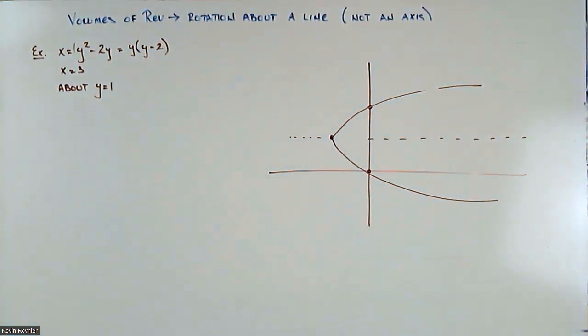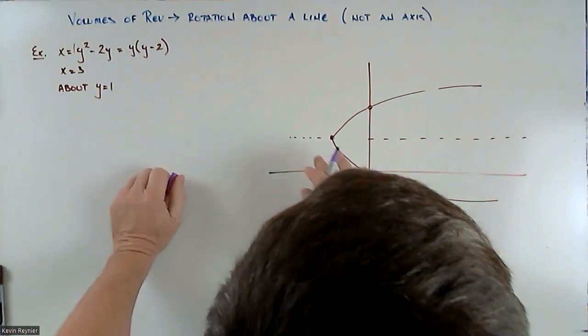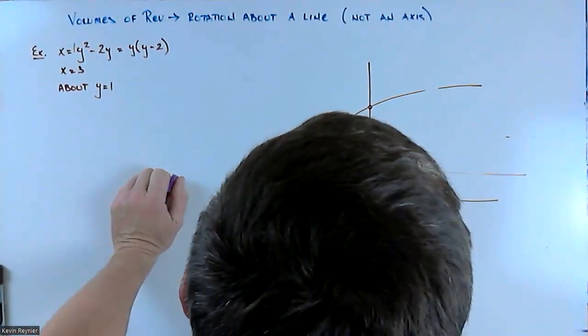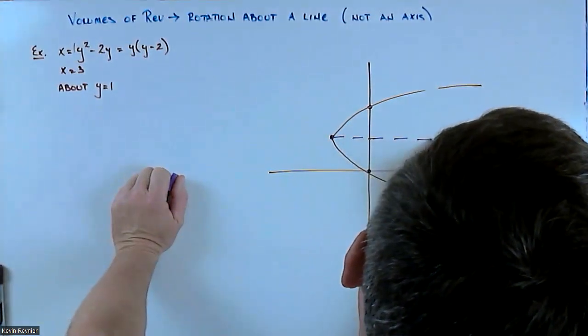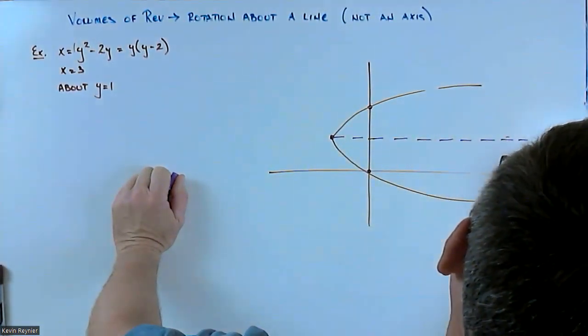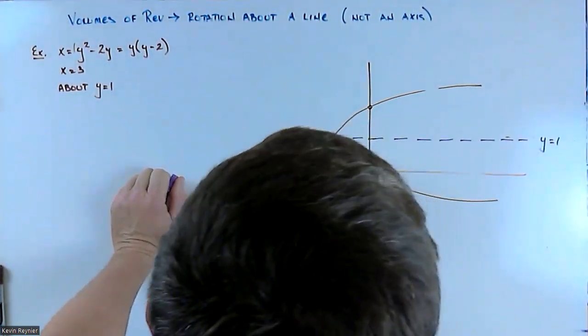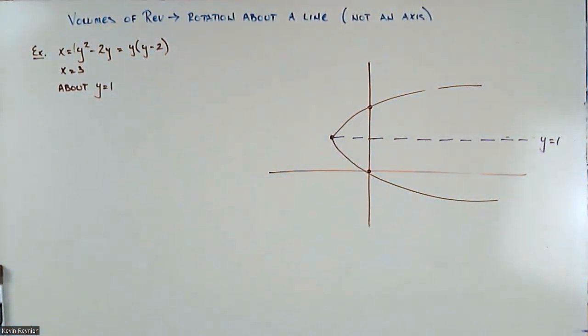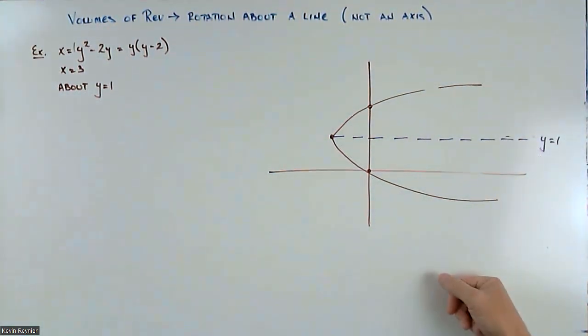Well, this is a bit disconcerting because we're supposed to be rotating this around the line y equals 1. Well, the line y equals 1 is the axis of our parabola. Now, when we get a drawing like this, the author expects us to apply some common sense. The theory of volumes by rotation is that when you spin it, you're going to spin it 360 degrees, and you're not going to clang one part into another part of your solid.